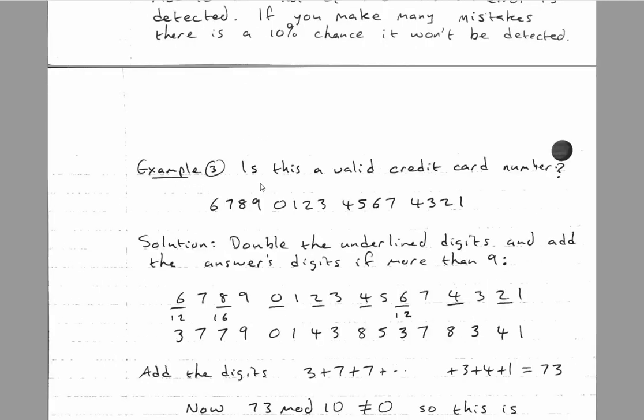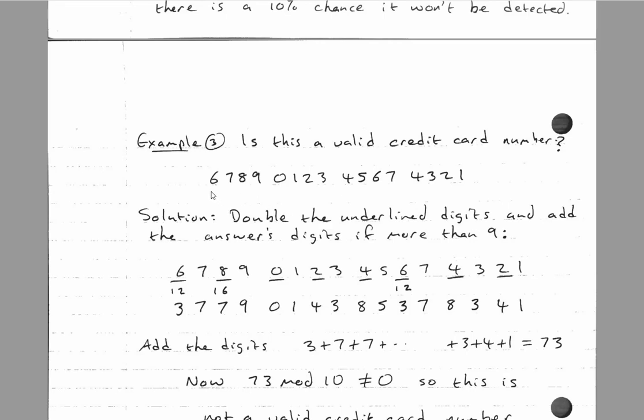Okay, so example 3. Suppose you type this number in when you're doing your online purchase. Is the computer going to object? Is this a valid credit card number? Alright, so we'll use the Luhn algorithm again. This time the check digit is included, that's the 1.